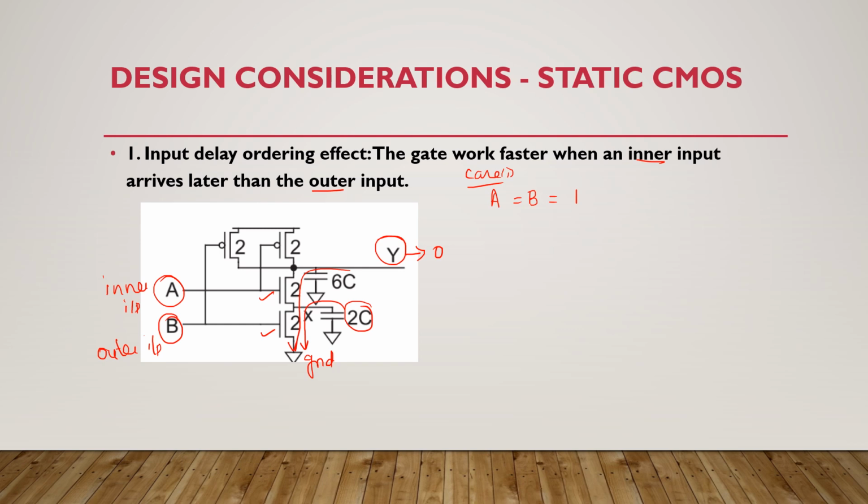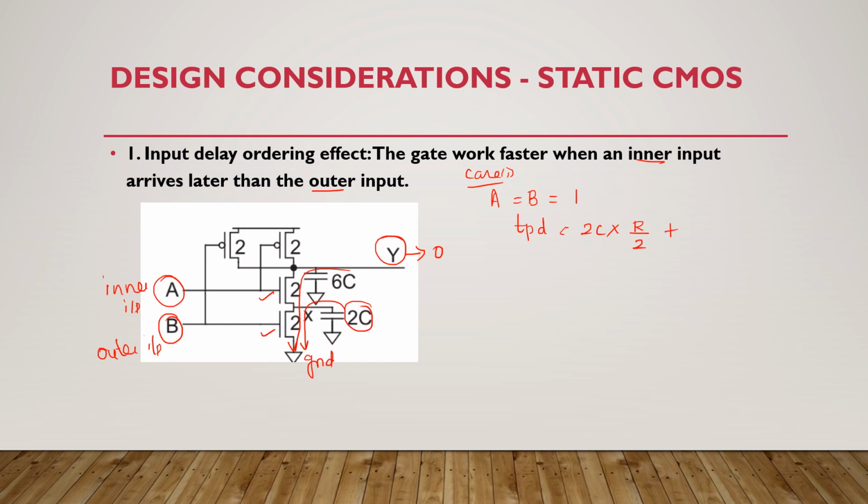For this transistor's source capacitance we should not consider. So as per the RC delay model, the propagation delay: first the 2C capacitance has to discharge through the transistor, so 2C multiplied by the resistance contributed by this transistor, which is R by 2 because the width is 2. For NMOS the formula is R by K. Here the width is 2, so it is R by 2.